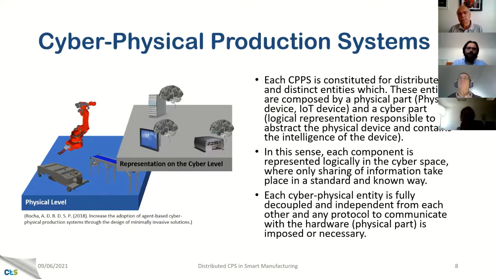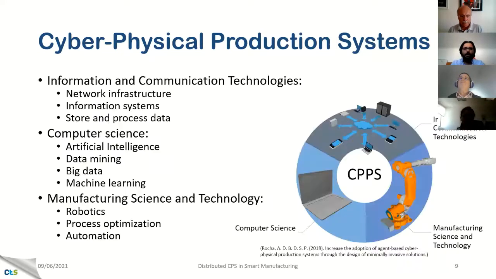And the communication among these cyber physical components is performed mainly by the cyber level. This will reduce the complexity of integration and interoperability among different hardware and software providers, and will allow this interconnectivity we were talking about in the beginning.